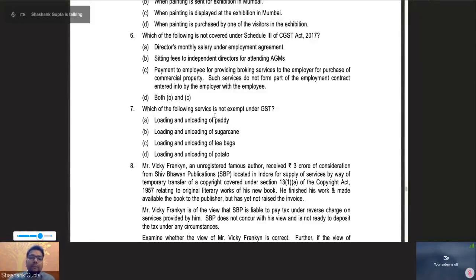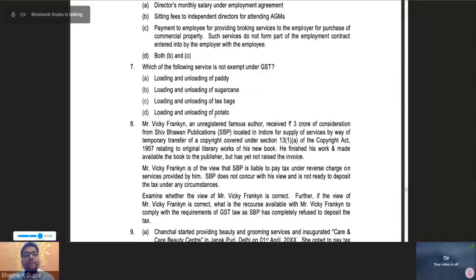Rather, it's a kind of luxury item, in the sense it's a ready saleable produce in the market, and hence this is not the bare form of agricultural produce. Hence, this will not be exempt. Loading and unloading of potato again will be exempt. So the answer to question number 7 is option C.